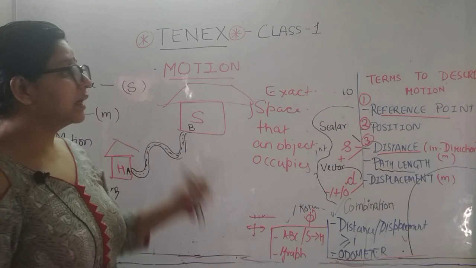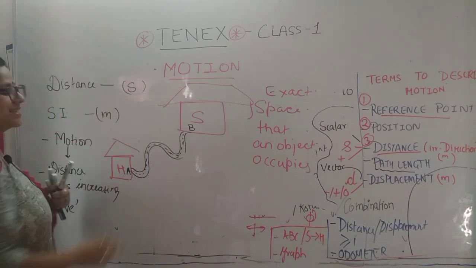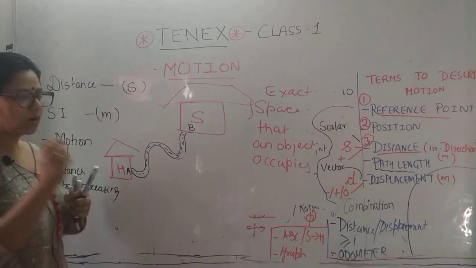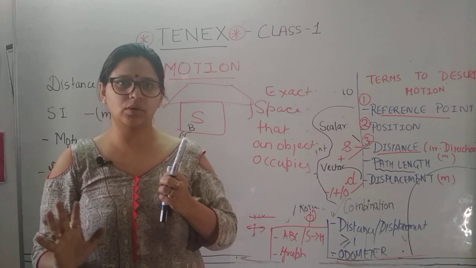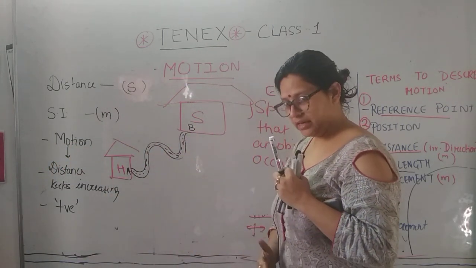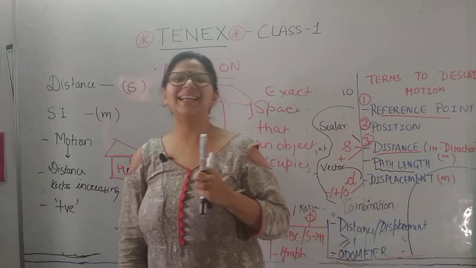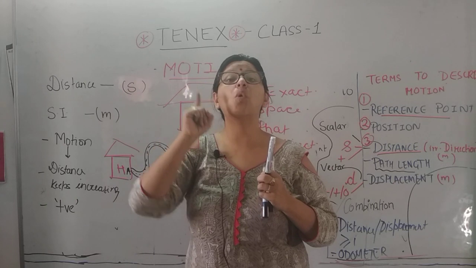Okay, guys, another very important thing that I want to tell you is that when I talk about distance, when I say that I have traveled a distance of 10 meter, what do you understand? That from my initial state, I have now traveled a distance of 10 meter. It is giving me one information and one information only.